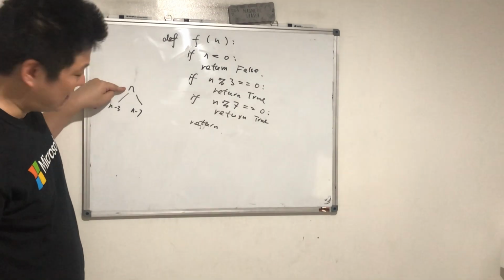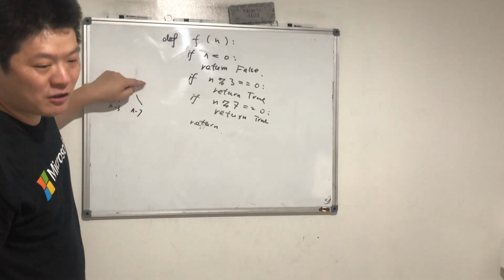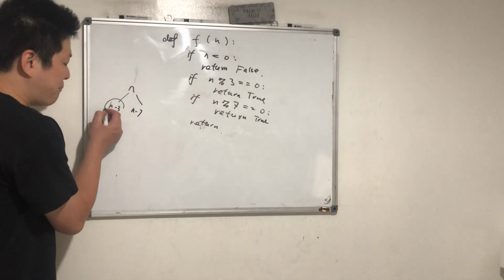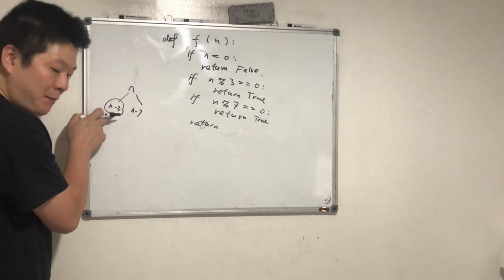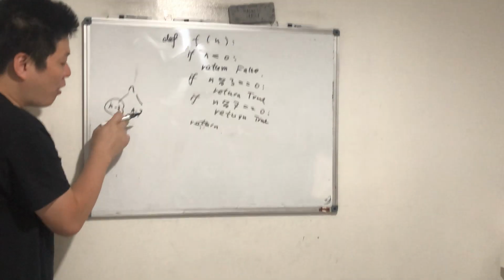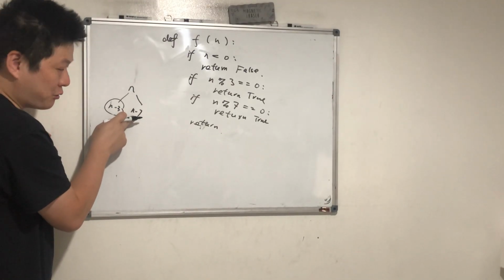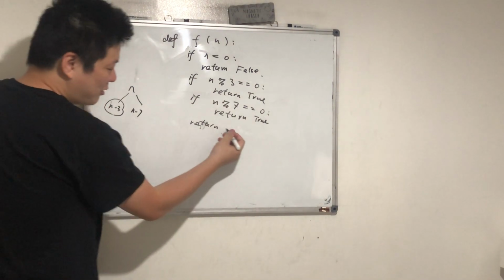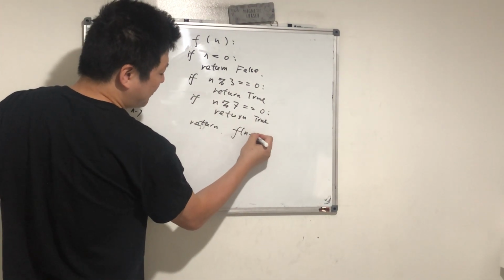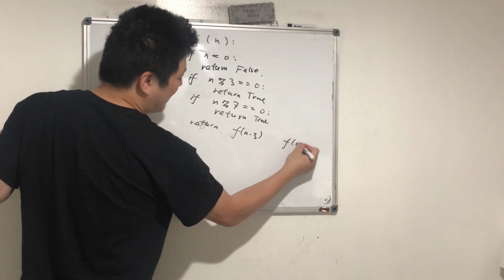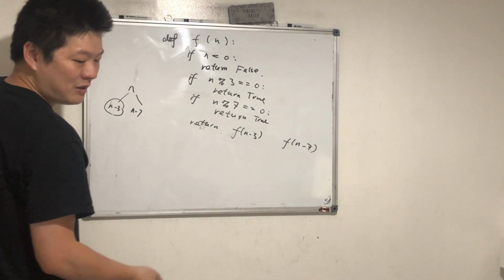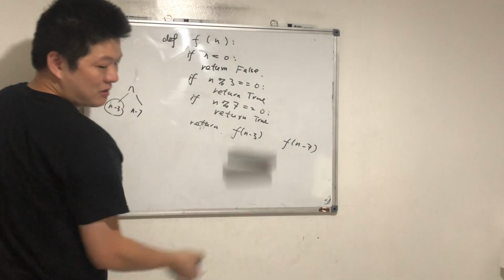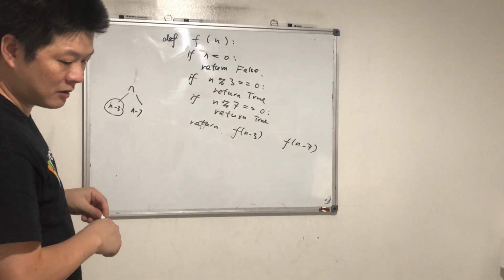We don't know this n, but if f(n minus 3) is true, or if f(n minus 7) is true, then this number is also true. So what to do here? Come on.